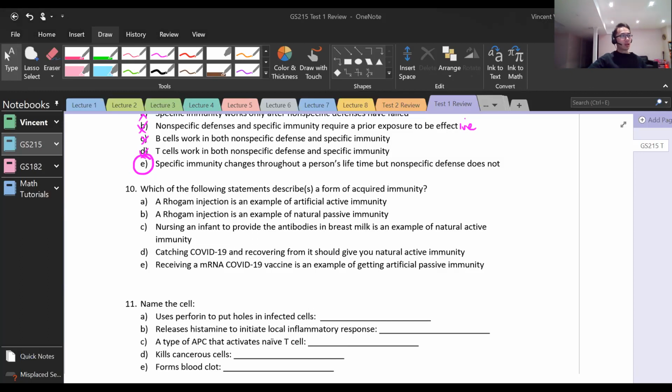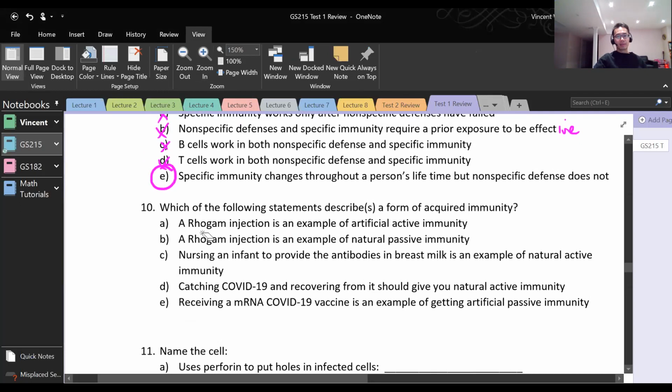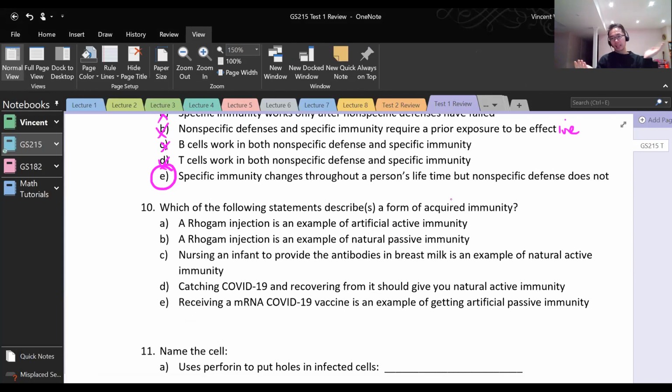So it looks like we are kind of all over the place here. Let's take a look at this question. First one, a RhoGAM injection is an example of artificial active immunity. First of all, active means you have to make your own antibody, and passive means someone else makes it and then gives it to you. Artificial usually involves some kind of injection. Natural does not.